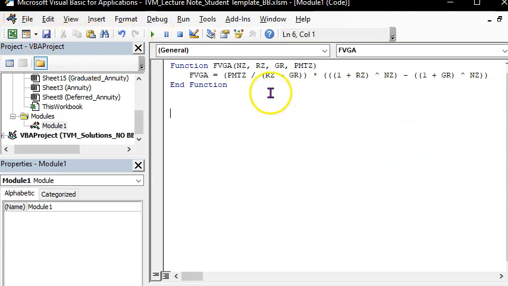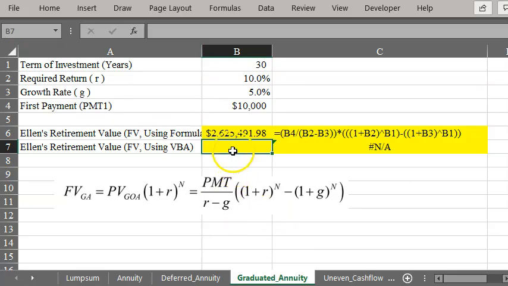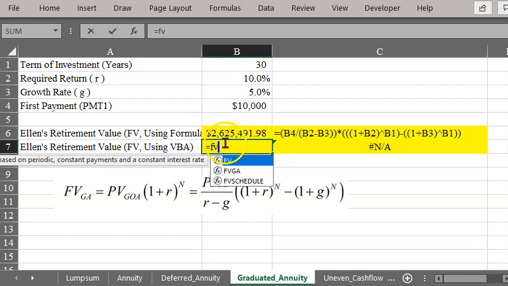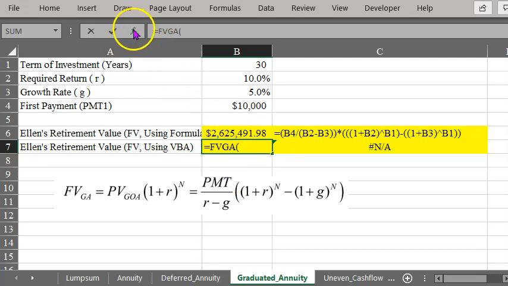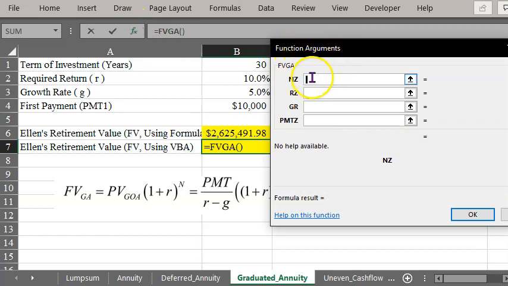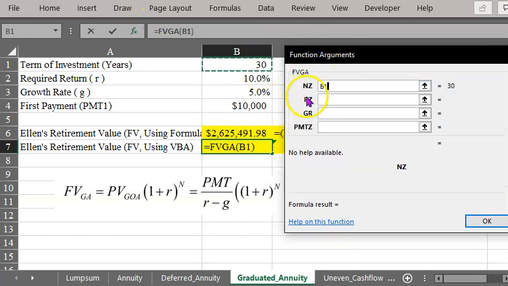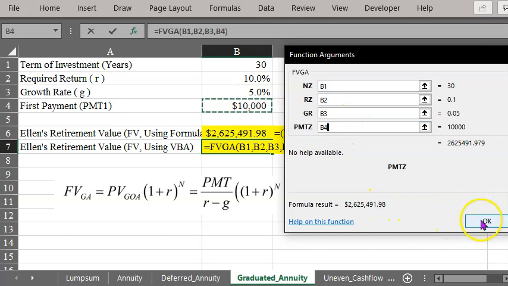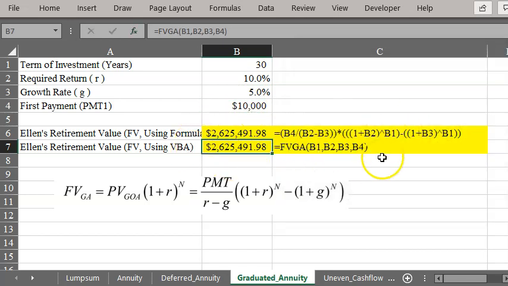Let's try to use this function. As soon as you type FE, you will see FEGA. Double click on FX, and it asks you for inputs. N is 30, R is 10%, G is 5%, and the payment is 10,000. Click OK, and you get the same answer.